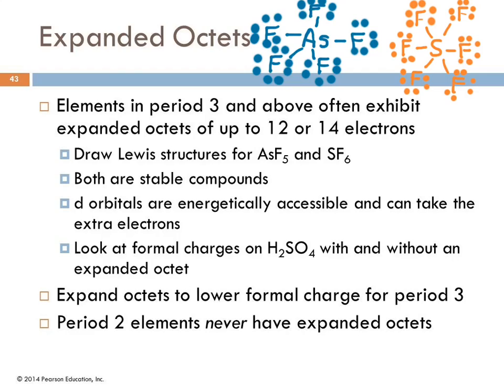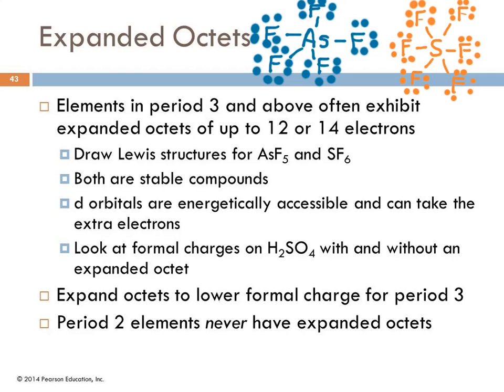Nitrogen and oxygen can't do that because they have the 2s principal energy level. There's 2s and there's 2p, and there is no 2d. And so they cannot expand. But arsenic's in period 4, and so it can expand into the 4d orbitals.